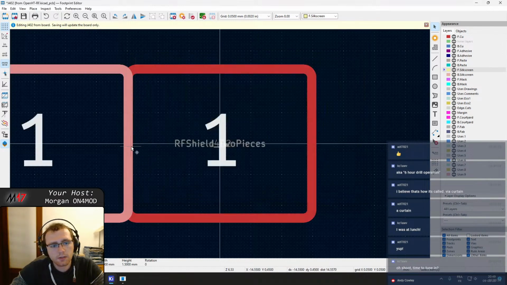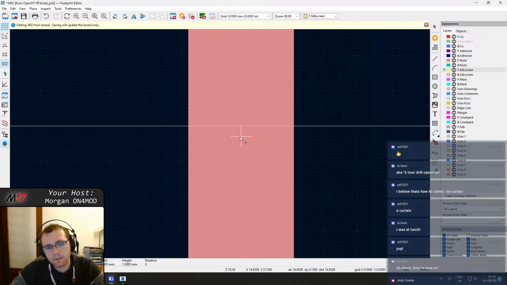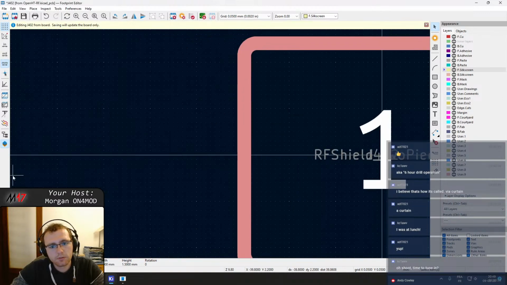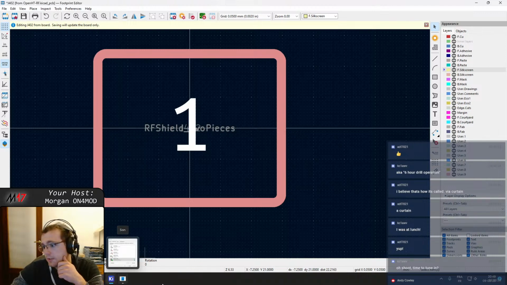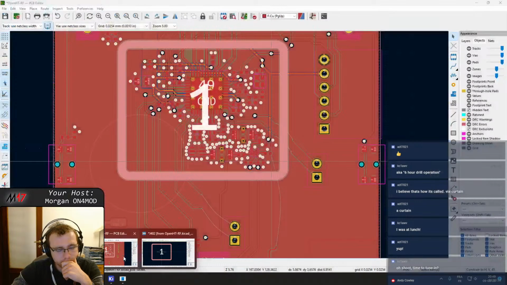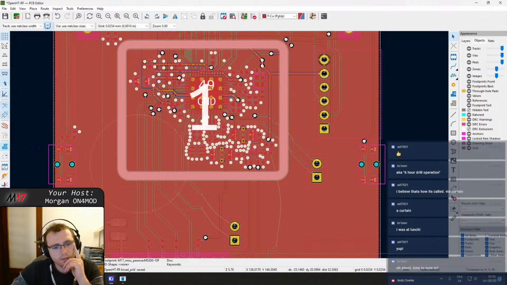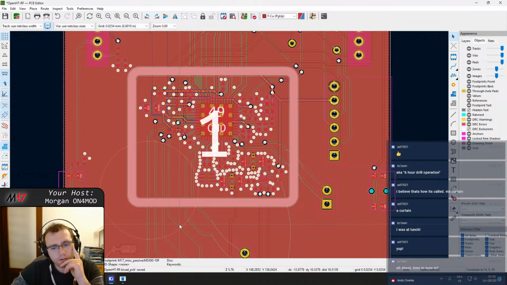Okay, so now not quite aligned. Okay, here we go. And so how am I gonna do that? So I will need to create an opening on top, 1 and 2 on the bottom.